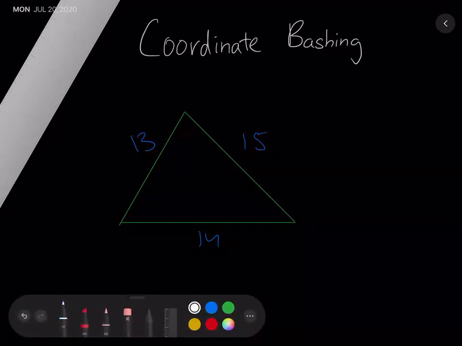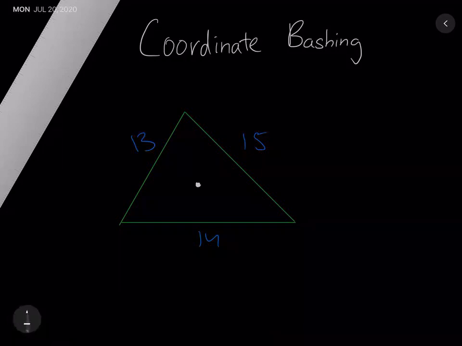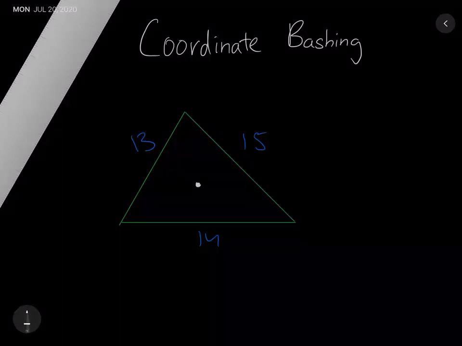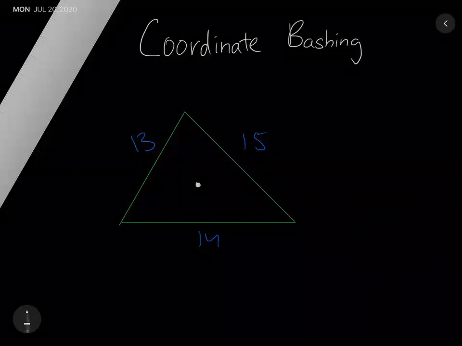Well, you can use normal geometry, where you try to use triangles and stuff. But coordinate bashing takes these geometrical figures and puts them on a Cartesian plane. So we're going to assign ordered pairs and equations of lines to the triangle itself.